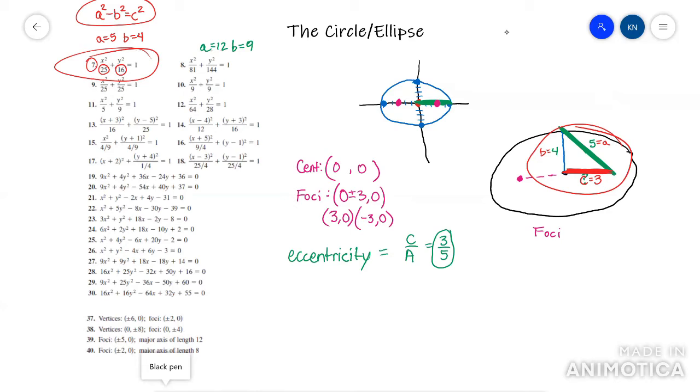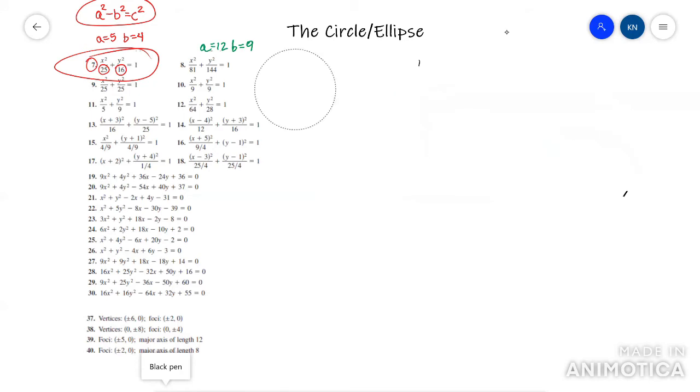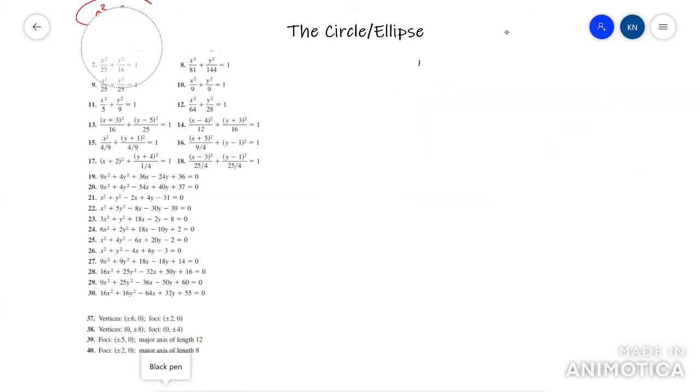Let's look at a harder problem. Number 8. Okay, number 8's not much harder. The only reason it's different is because looking at number 8, the bigger number's under your y. So that means this is going to be a vertical ellipse. I would still go find my start, which is 0, 0, because there's no shifts.